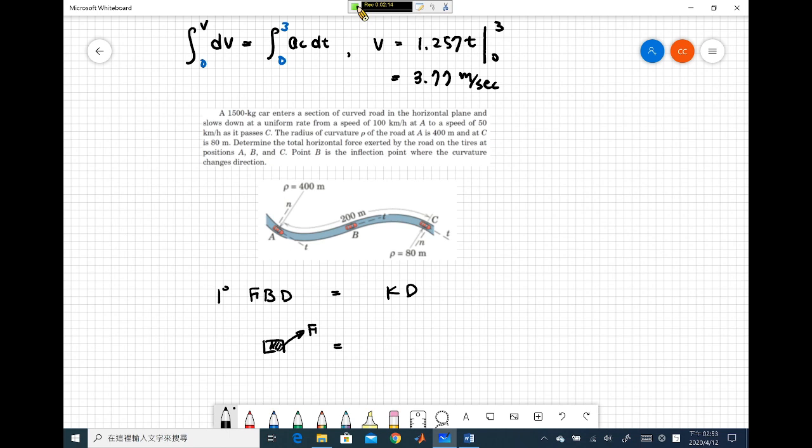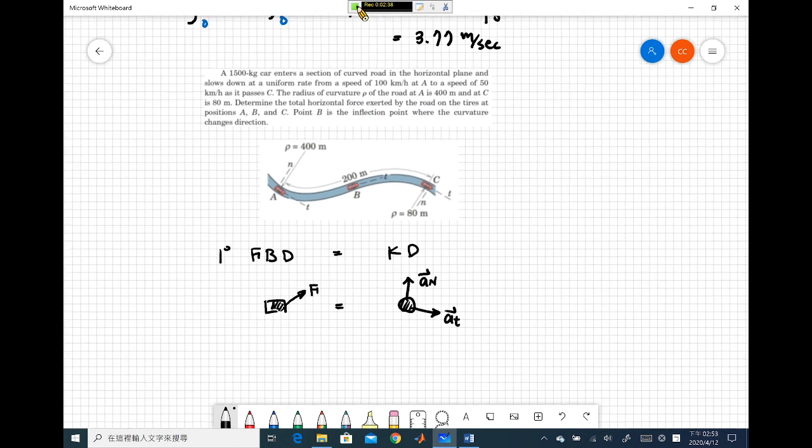That will be equal to the mass of the car times, you break it into, for example, your an and at. Okay, so from this free body diagram equal to kinetic diagram, you can have your two equations. Sigma Fn will be equal to m times an. Sigma Ft will be equal to m times at.